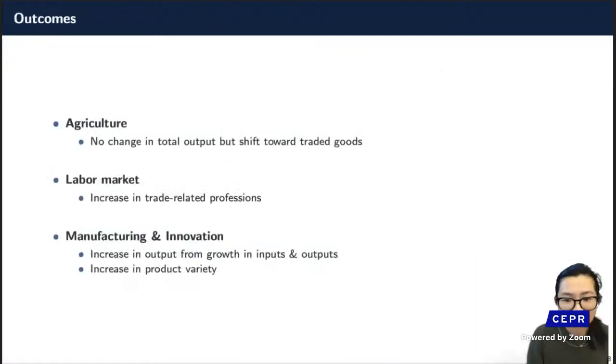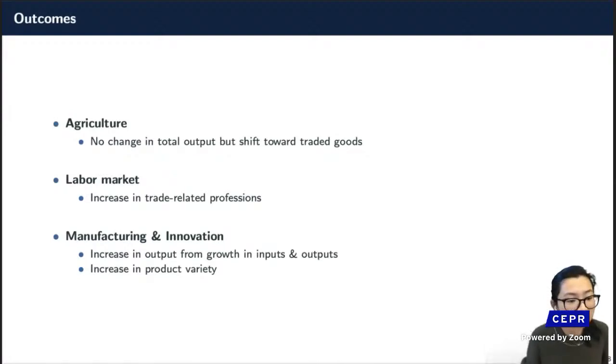Before I conclude, the outcomes that we look at are in the agricultural, labor, and manufacturing sectors. Broadly speaking, we think the agricultural results showing the shift towards traded goods are the strongest indicator that this liquidity effect coming from the liability side of the balance sheet had real impact, because this was a sector that got very little of the extra lending.